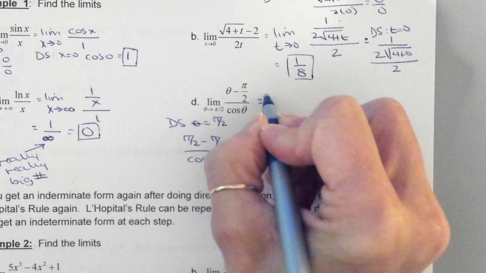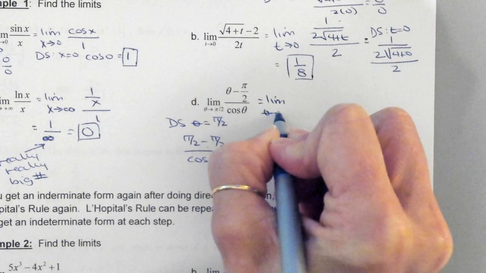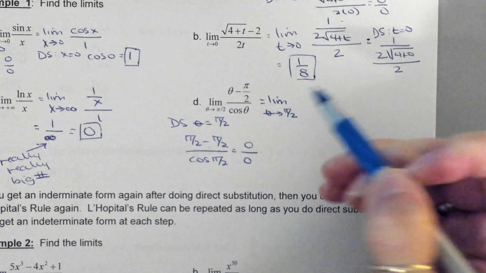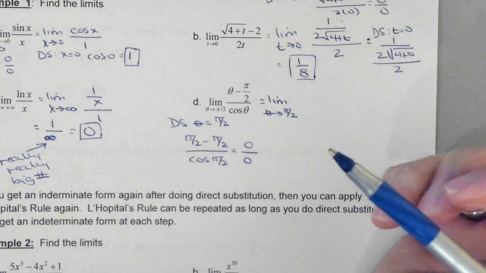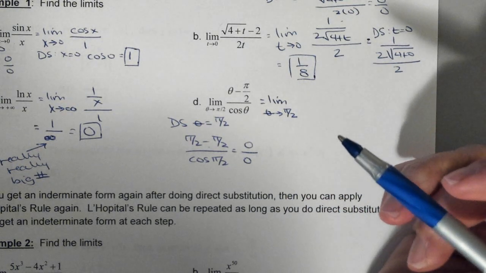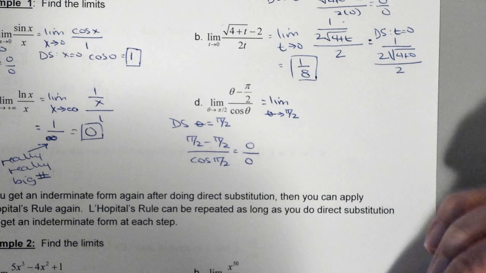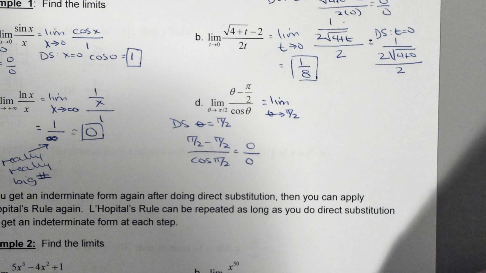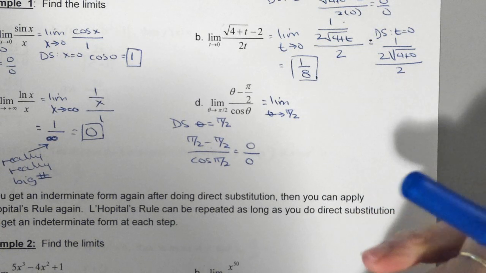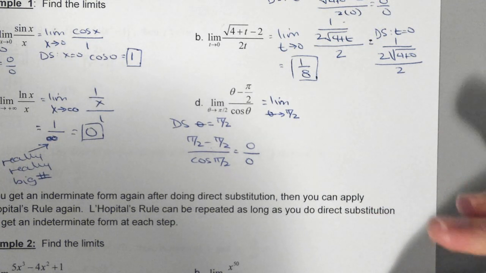So now we will use L'Hopital's, the limit as theta approaches pi over 2. What's the derivative of theta? Yeah, 0 goes away. What is the derivative of negative pi over 2?